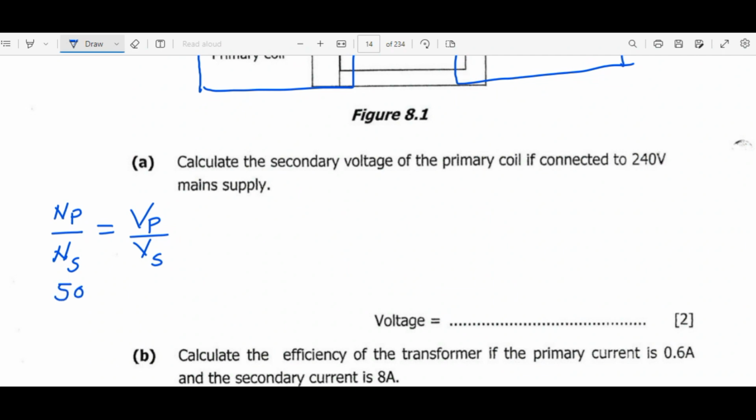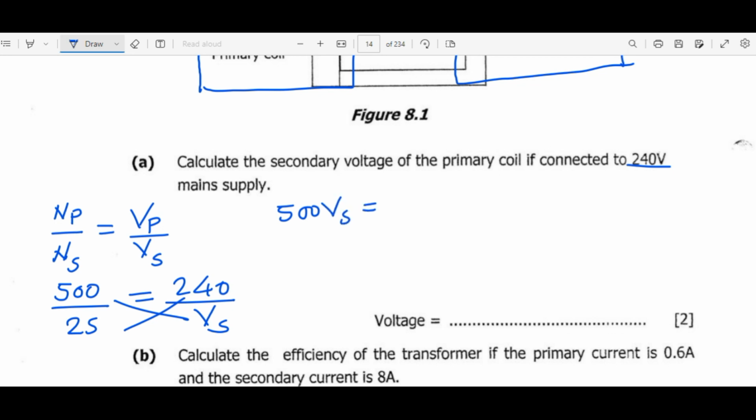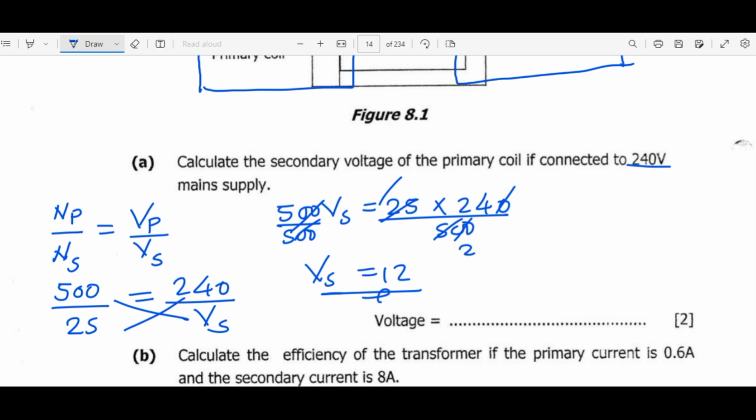We have 500 over 25 is equal to voltage on the primary coil, this number 240, over voltage on the secondary. We cross multiply. So 500 multiplied by Vs is 500 Vs, then 25 will be multiplied by 240. If you want, you can just find the actual number, or you can just leave the numbers the way they are. So if we divide, 25 here is 1, 25 here is 2, 2 into 240, we'll get the same value of 12.